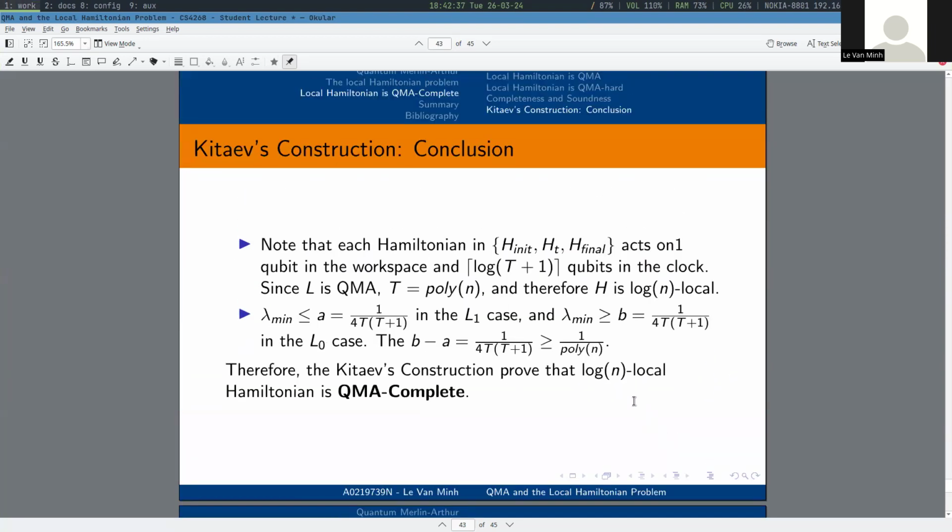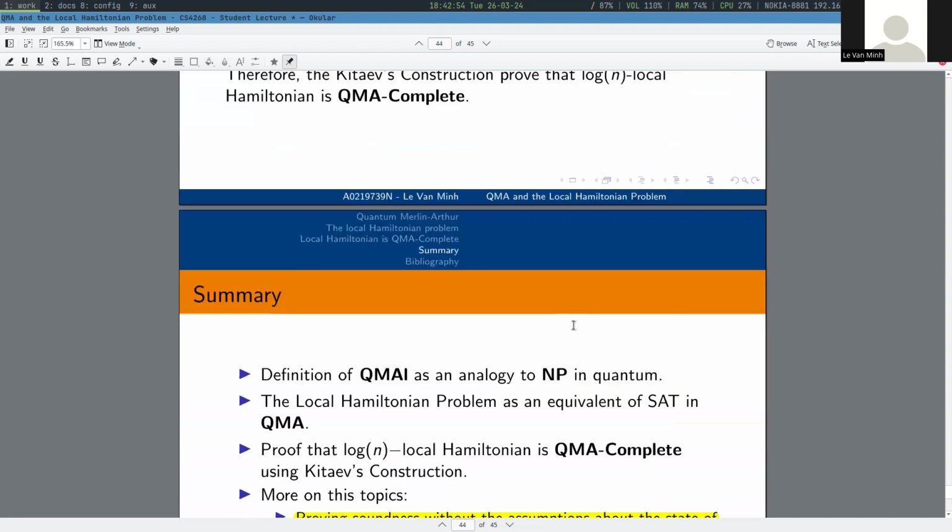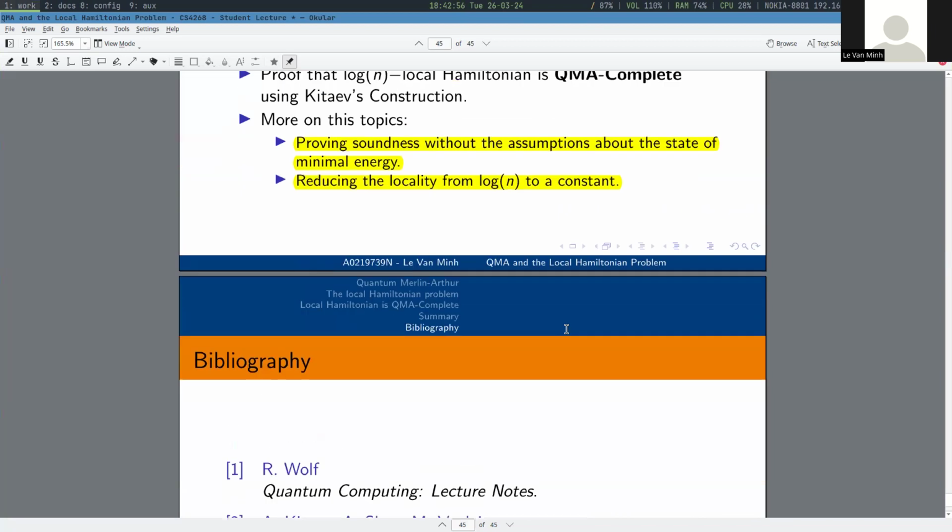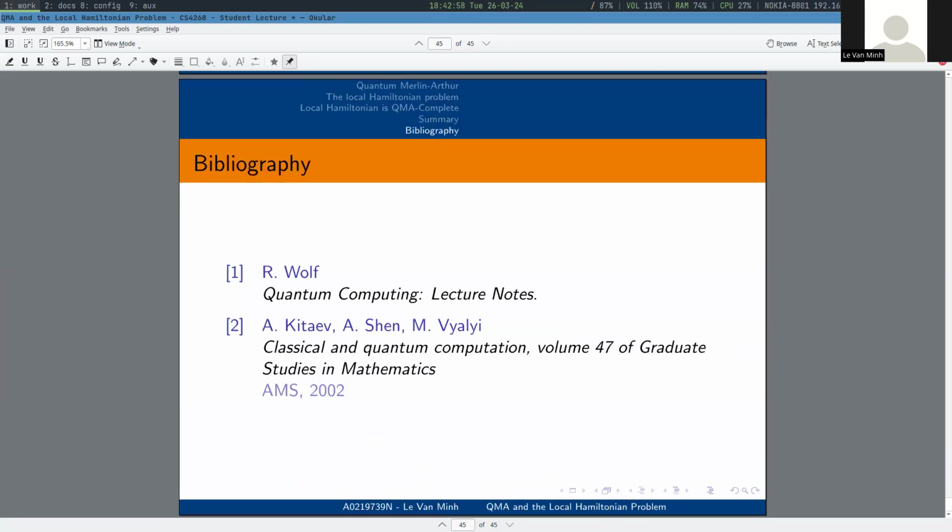Note that the log n comes from the fact that we are using a clock that consumes some log n number of qubits, and we can try to make it more efficient so that we can reduce the locality of the Hamiltonian. That's the end of the lecture.